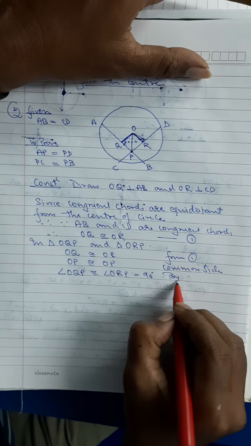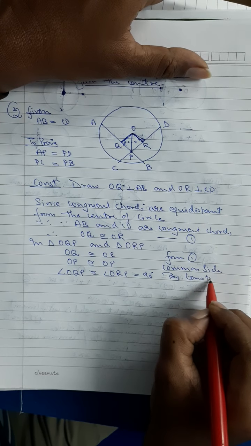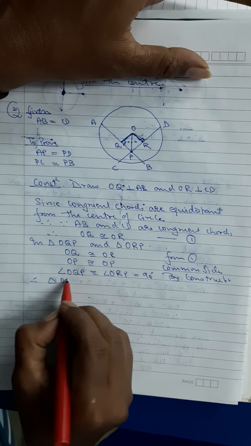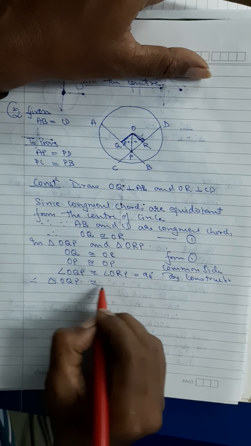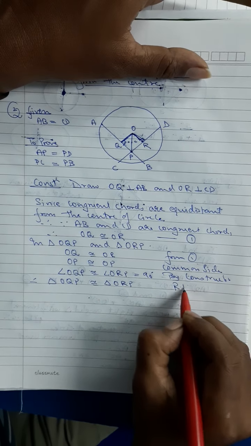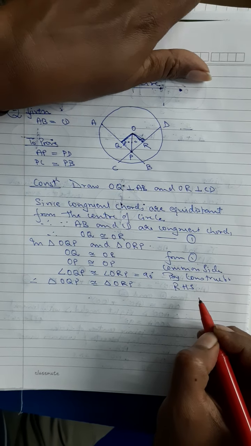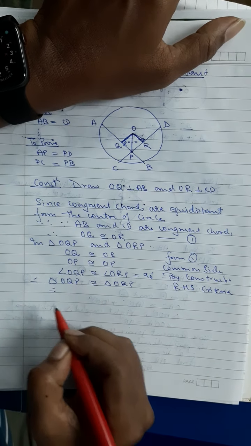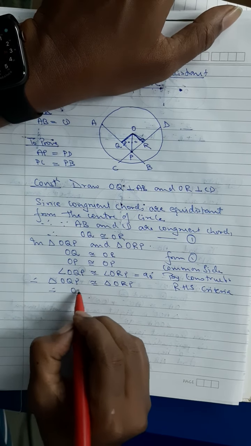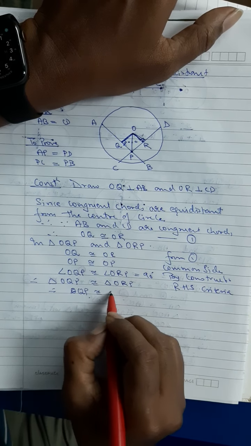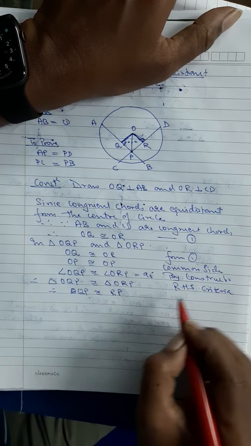This I have done by construction. Therefore triangle OQP is congruent to triangle ORP by RHS criteria. Therefore QP is congruent to RP by CPCT.